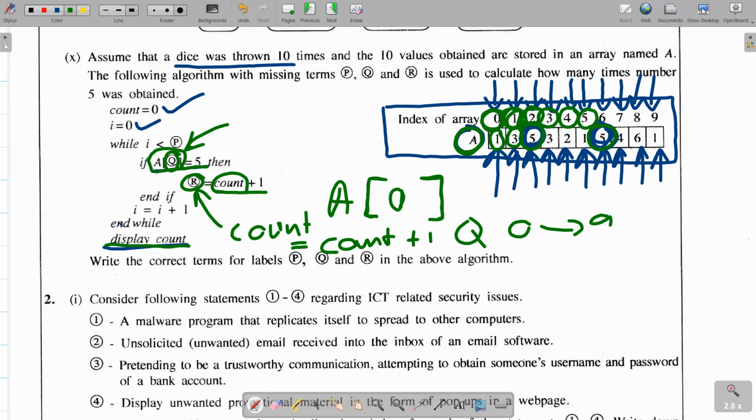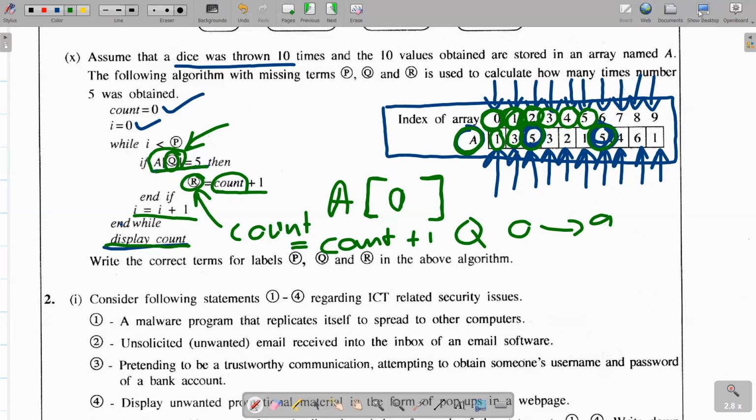Is that clear? Because I increases by 1 over here. So first the Q is 0, then at the next iteration it is 1, and then the next iteration it is going to be 2. Likewise.